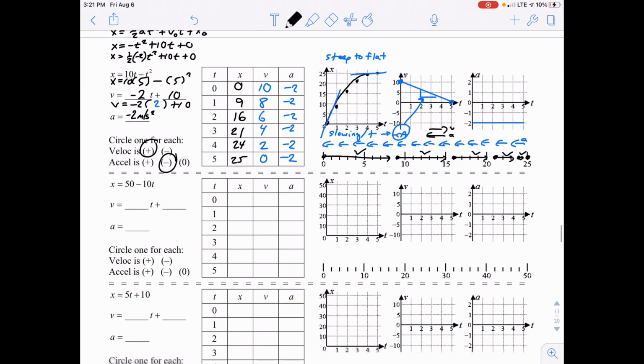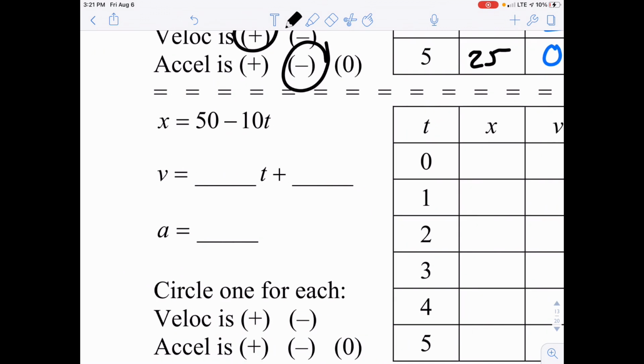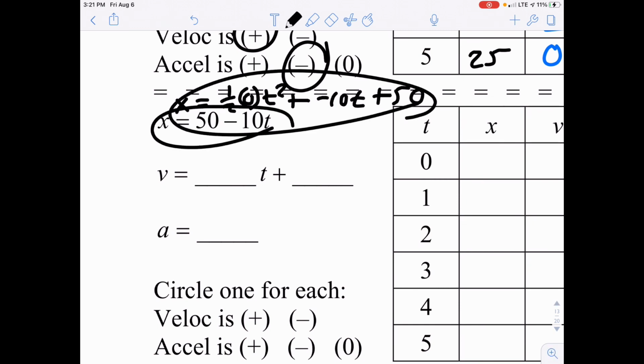Now in situation 5, we have x equals 50 minus 10t. So here, notice we don't have a t squared term. So this would be 1/2 times 0 t squared plus a negative 10t plus 50, if we rewrite this to look like this.